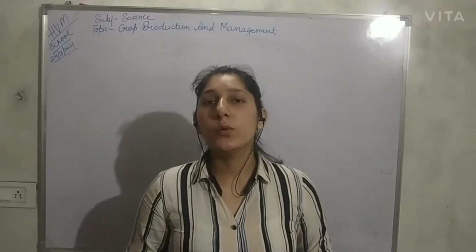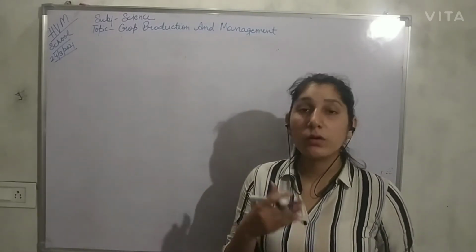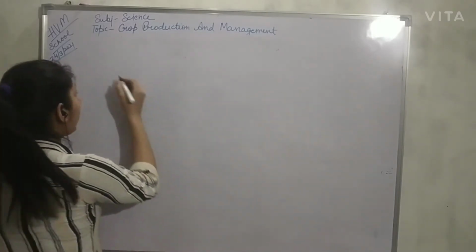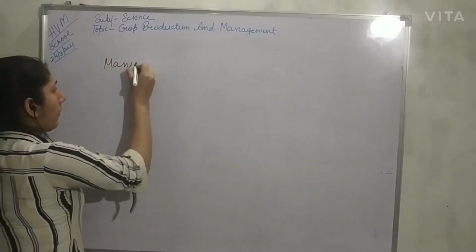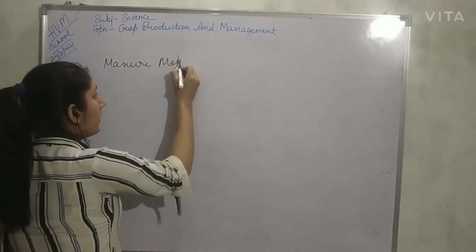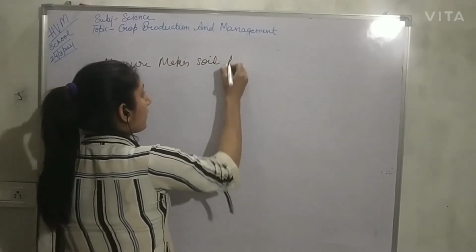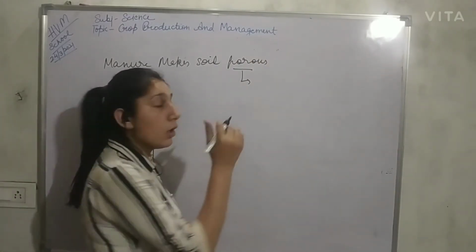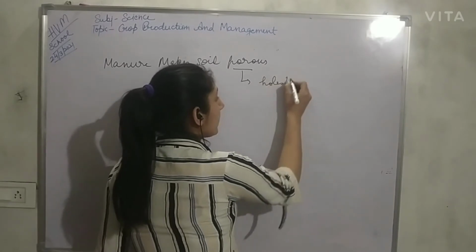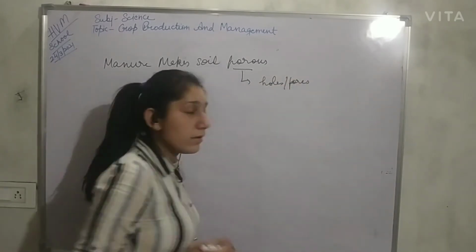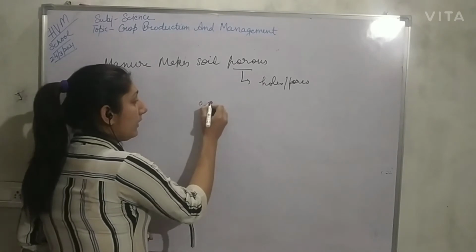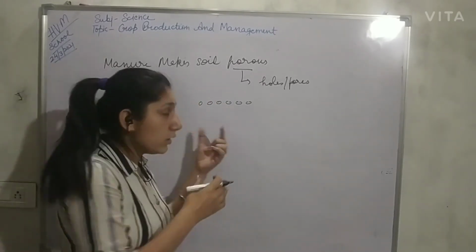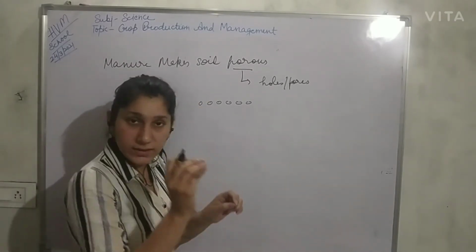So students, we were discussing the advantages of manure over fertilizers. One of the advantages that I was telling you was that manure makes soil porous. So porous means that there are small holes or pores in the soil. If we take a microscope and look at the soil, there are holes in it.